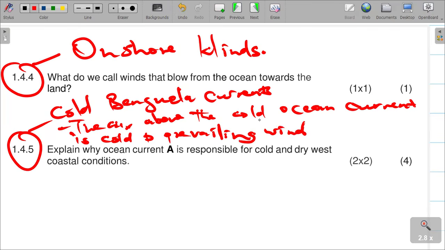Prevailing wind blows this cold air towards the what?